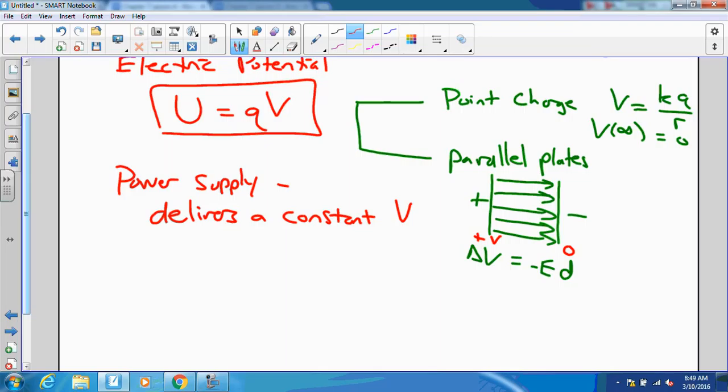In house wiring, interestingly, the bare copper wire that comes through is the ground wire. And you'll actually have two different hot wires that are going to be out of phase with each other and oscillate between plus and minus. The white wire and the black wire are the two different hot wires.